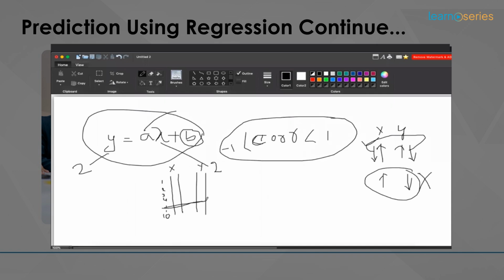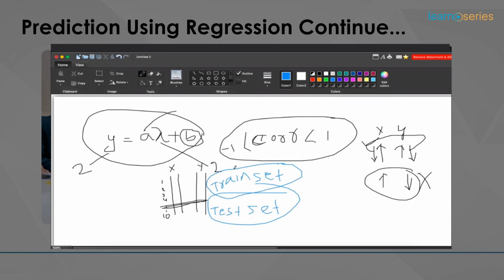So you have to divide your data. One part is called the train set, and another one is called the test set. So you need to divide your data into a training set and a testing set.